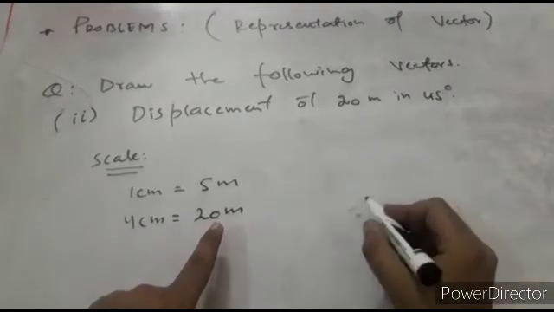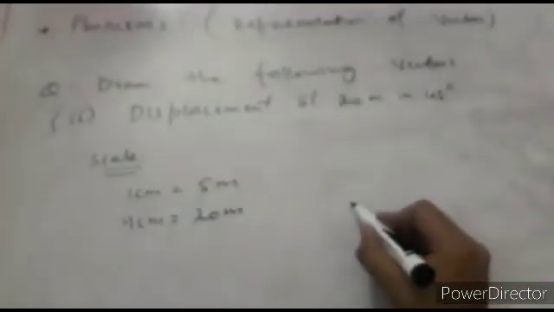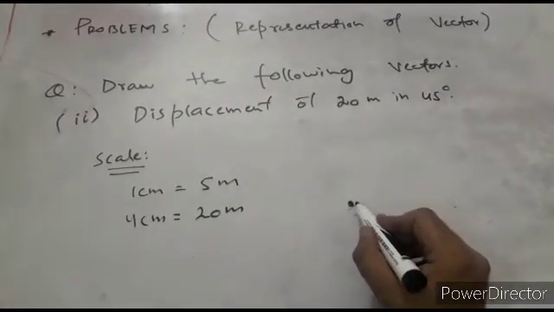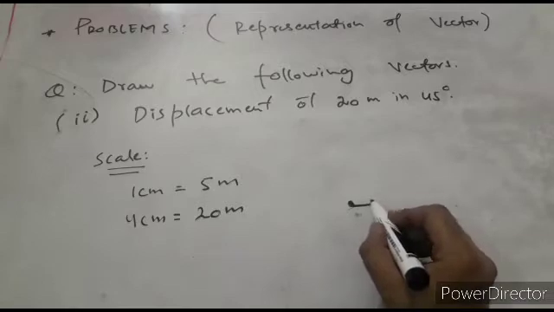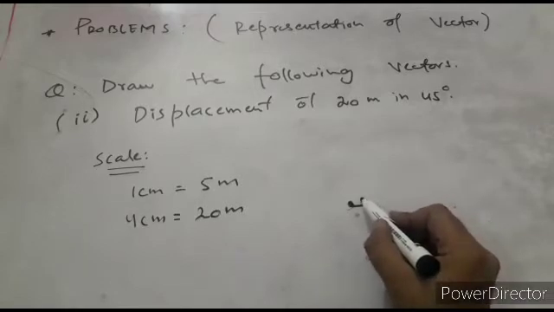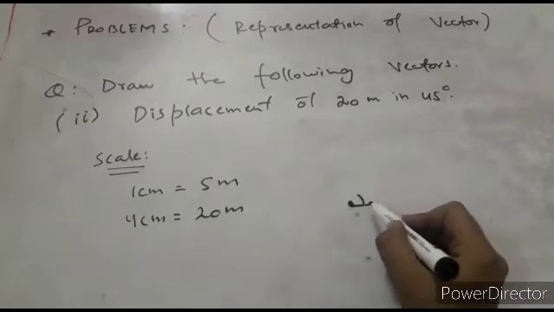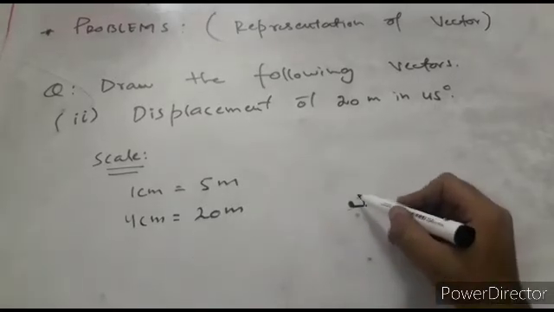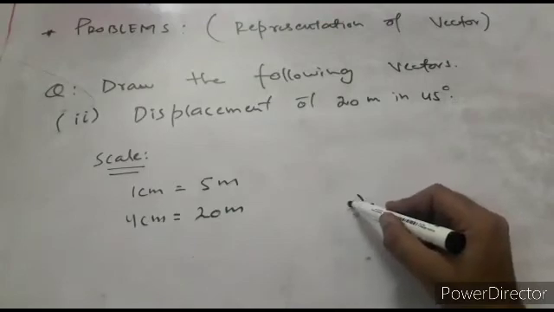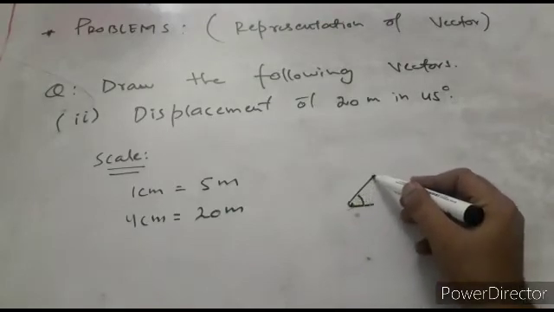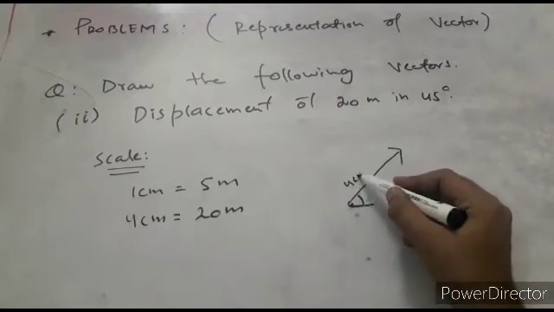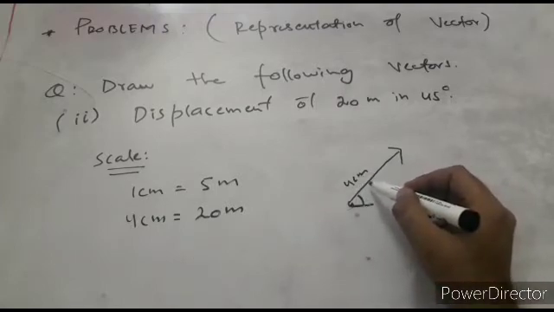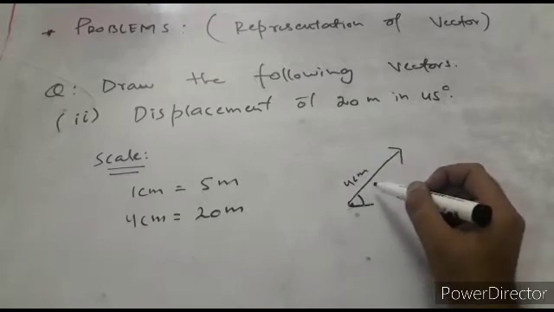So we just have to use a D for taking this direction. Let's say I start drawing my vector from here. First of all, I have to take the direction. We always take direction from the horizontal, or you can say the x-axis. From here I take an angle of 45 degrees with the help of a D. I guess this is an angle of 45 degrees, and I draw a line of 4 centimeters to represent this displacement vector.